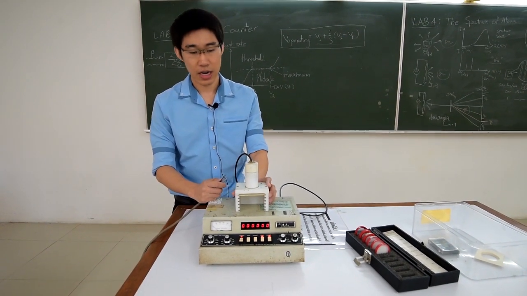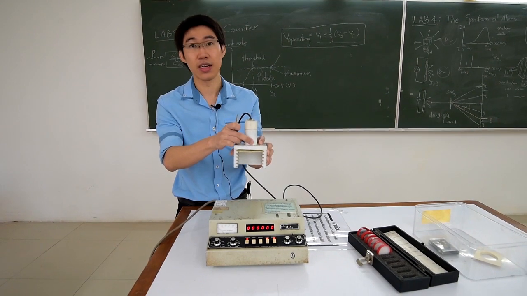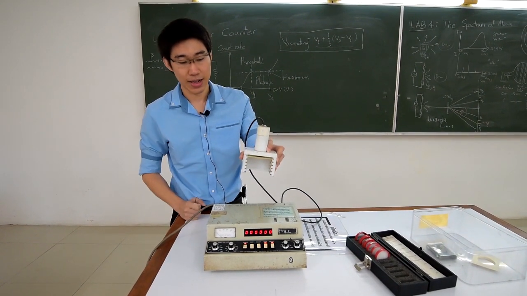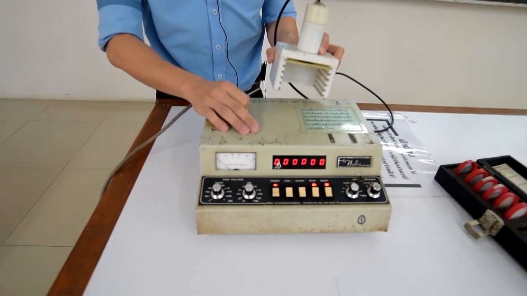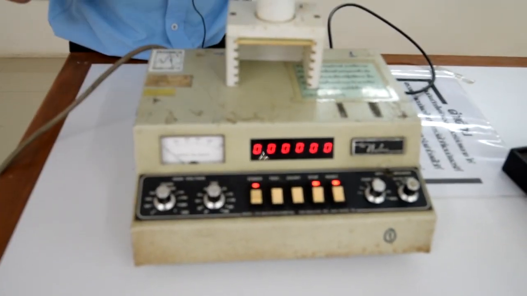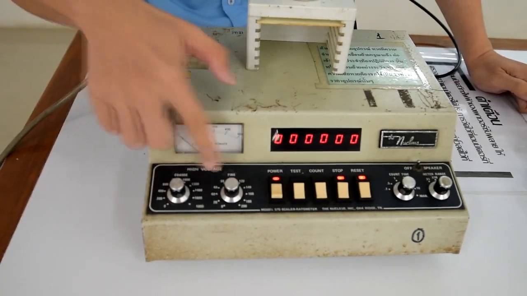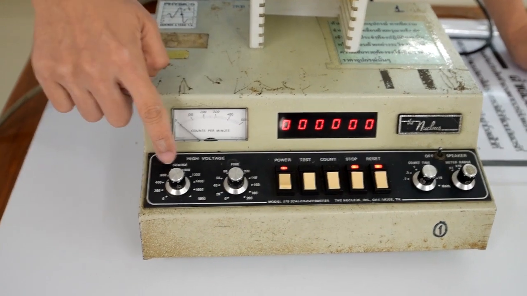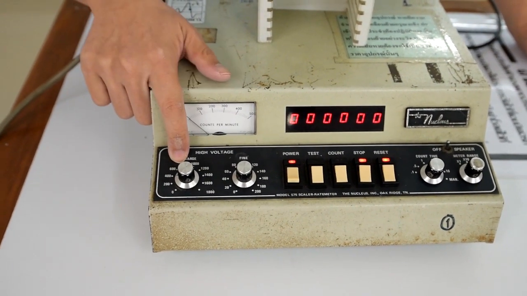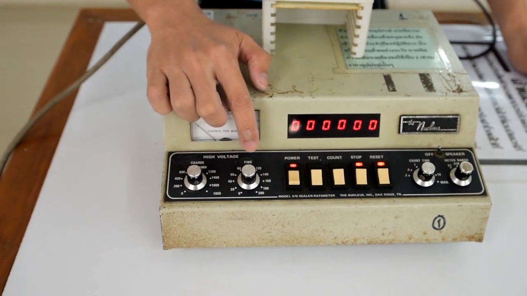Okay, for this experiment, this instrument is for experiment A. This is the Geiger tube to measure the radiation, and this is the counter to count the signal from the radiation. There are a lot of switches on the counter. The first one is the coarse adjustment, and this one is the fine adjustment.